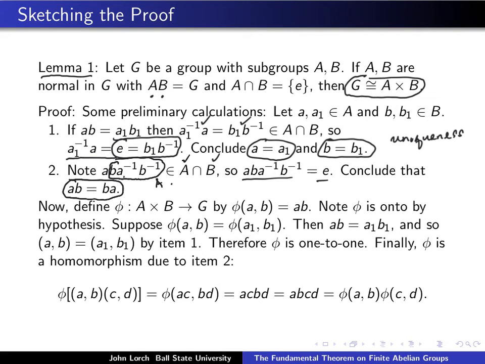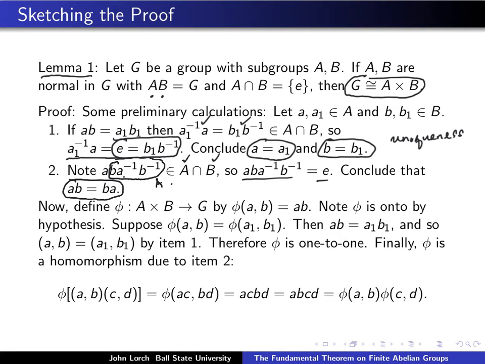Okay, so we really relied on the normality of A and B in order to establish this result. Now remember, the lemma is telling us that the group G is isomorphic to A cross B. And in order to establish that, we're going to need an isomorphism.